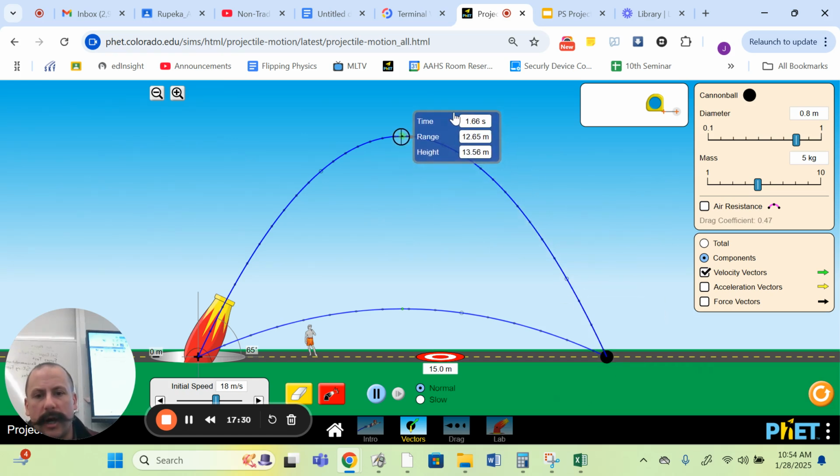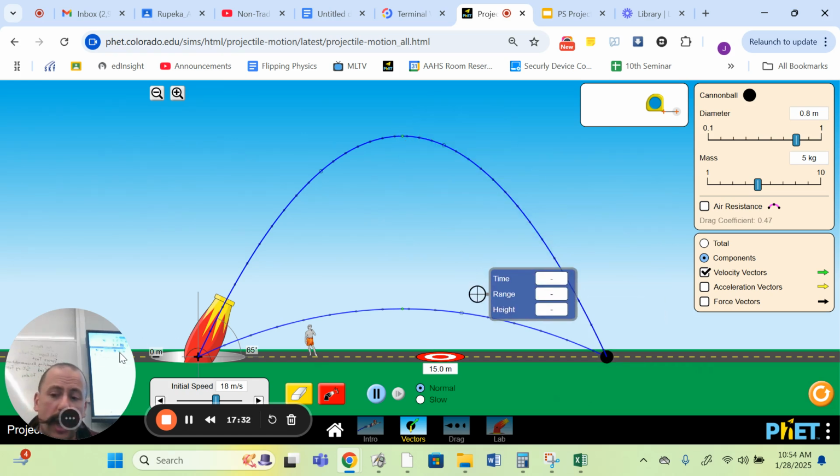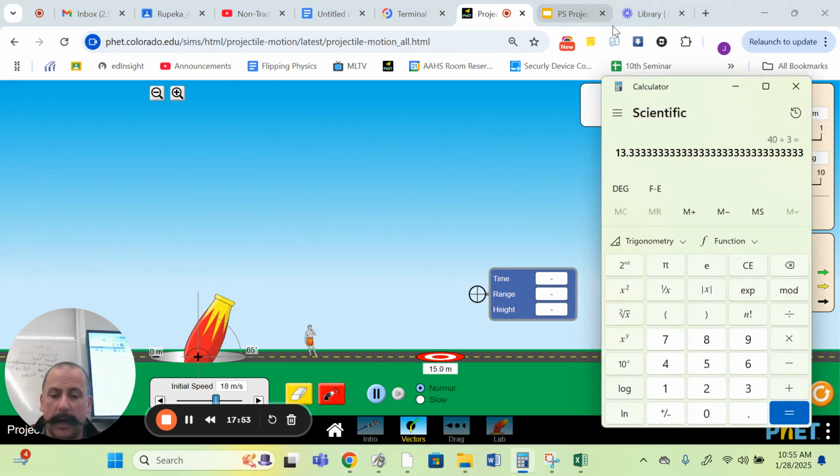Whereas the one that gets shot up in the air travels a lot slower forward, but it's kind of like the tortoise from the story of the tortoise and the hare. This guy might go slower, but he goes a little bit longer, so he ends up traveling the same distance. Whereas this one goes quick, but for a short time. But they'll still land in the same spot.